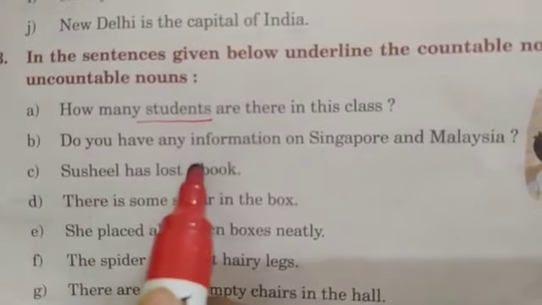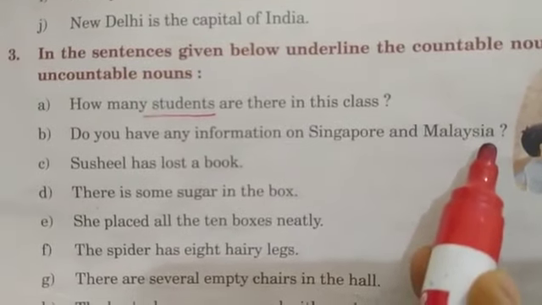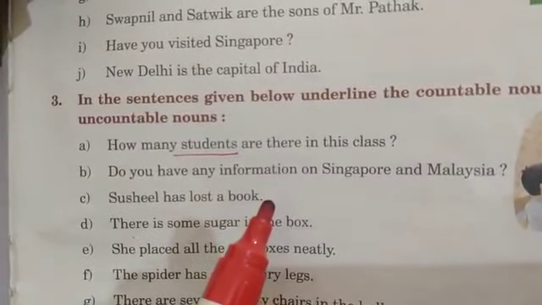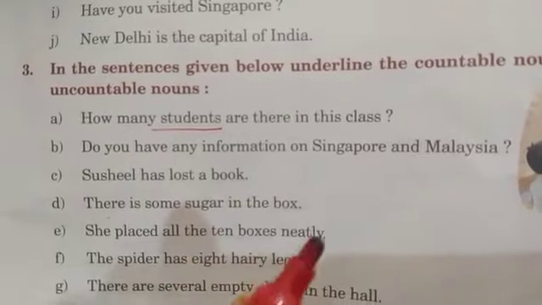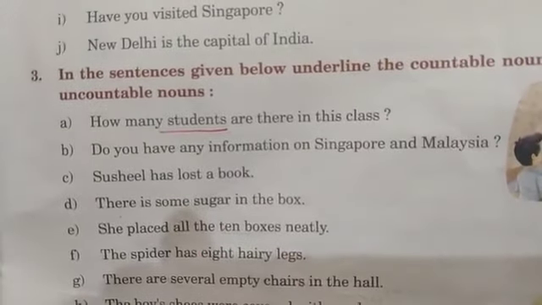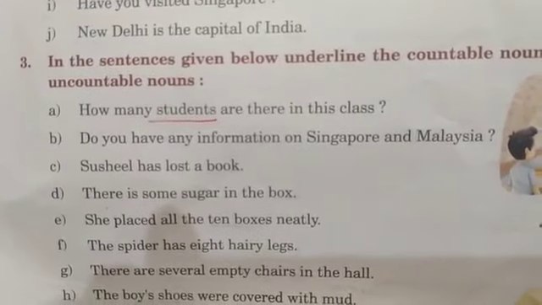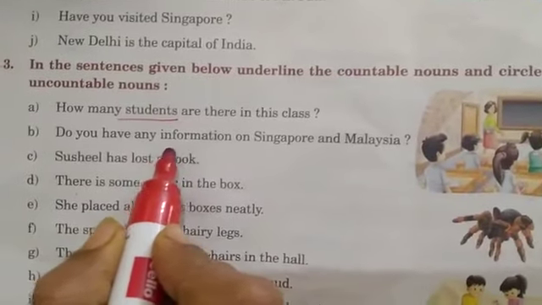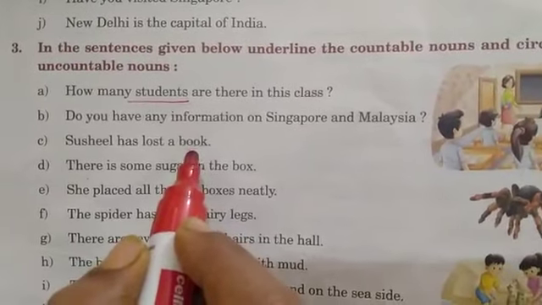B. Do you have any information on Singapore and Malaysia? Now, any information. Children, you just remember that we have discussed that an abstract noun is only our feeling, only our expression, only some ideas. And that's why, in the question, this information is just our understanding, just our feeling.